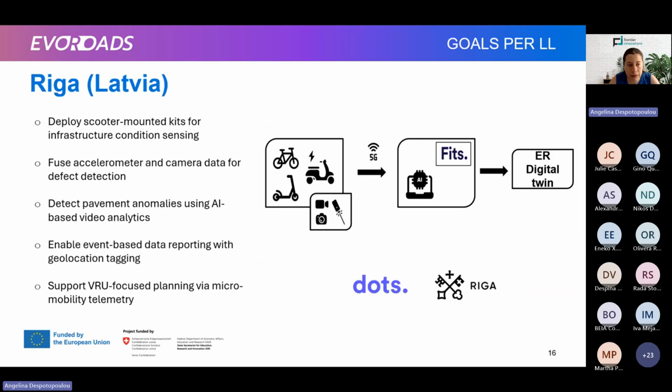And last but not least, we have Riga in Latvia. They will be trying something different. They will be having scooters, and for those scooters they have developed, let's say, a kit. Imagine a box that has some equipment on it that has sensors.